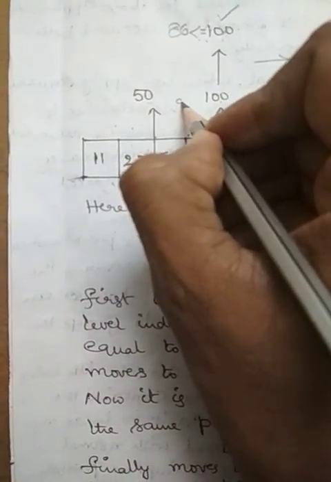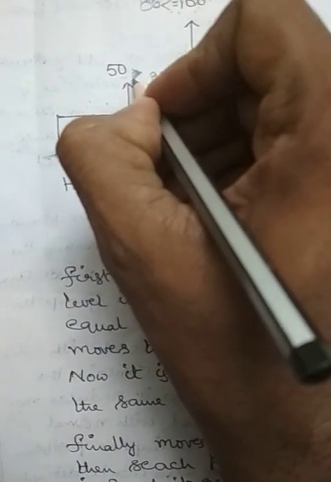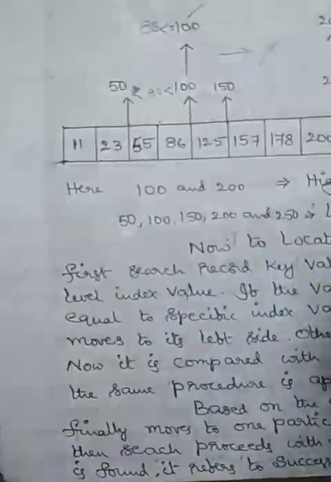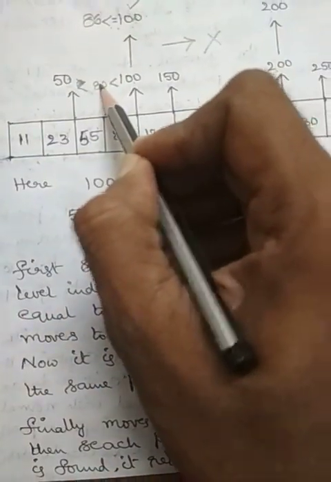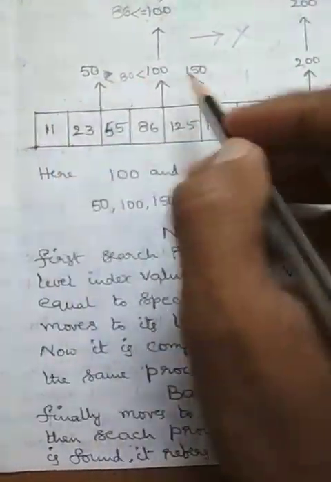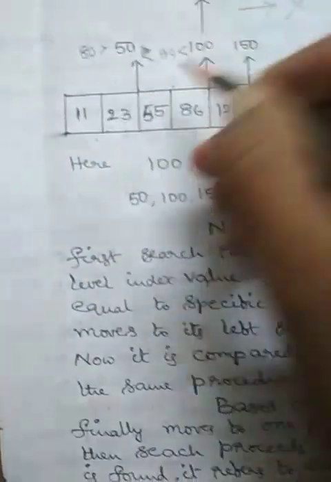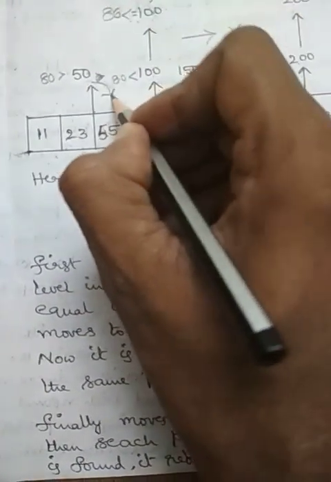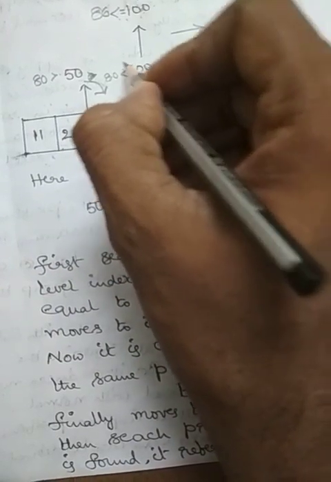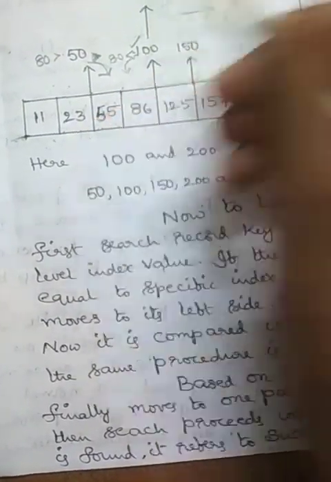Here we check whether 80 lies between 50 and 100. If this condition is true, then we check here, otherwise we move to the left side. So 80 is compared with 50 first. 80 is greater than 50, so it moves to this side, and 80 less than or equal to 100 is true, and here also we will be checking.